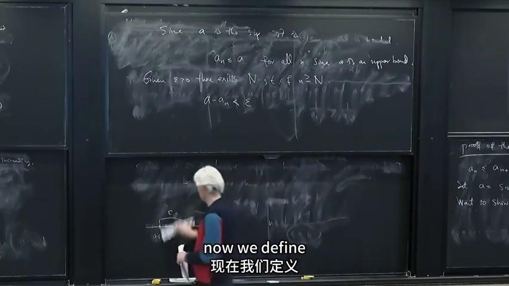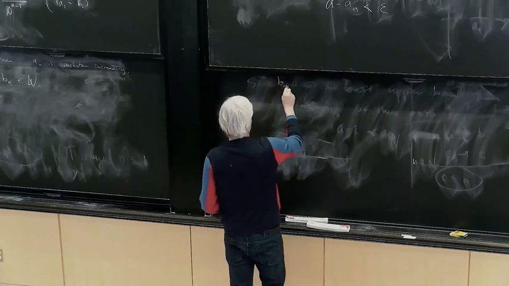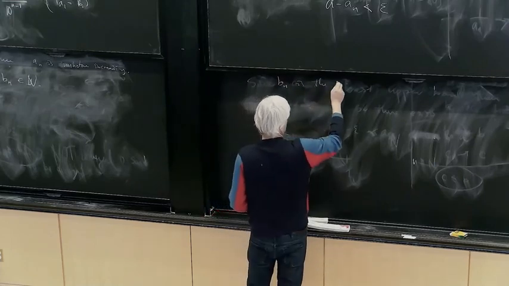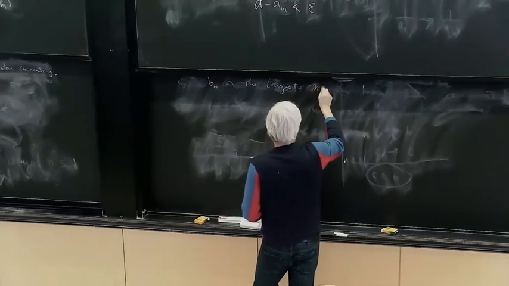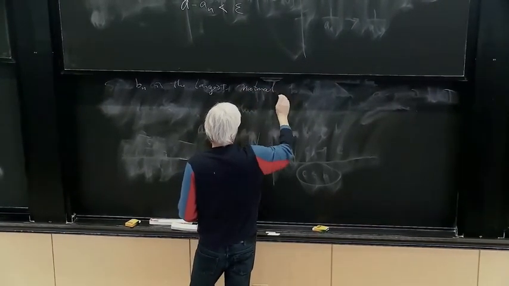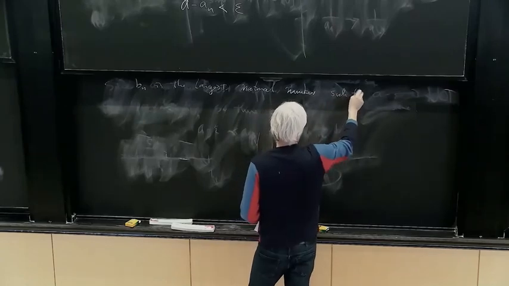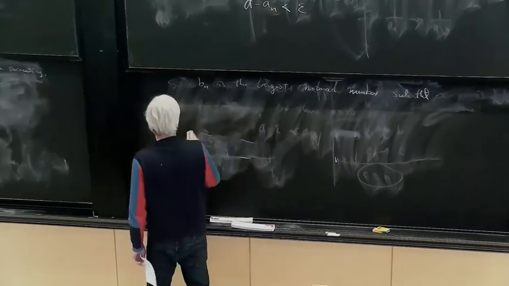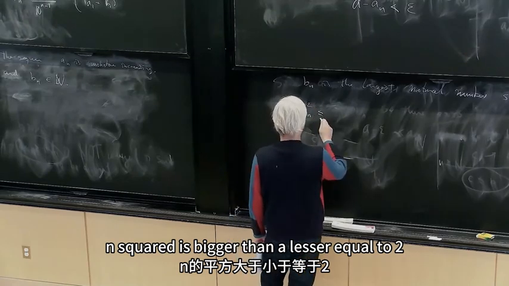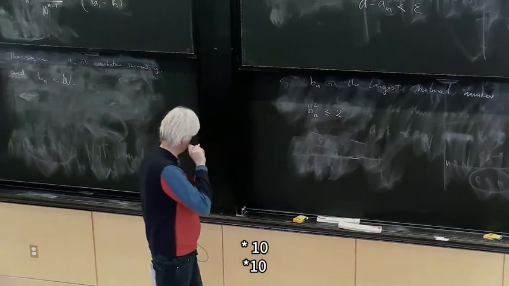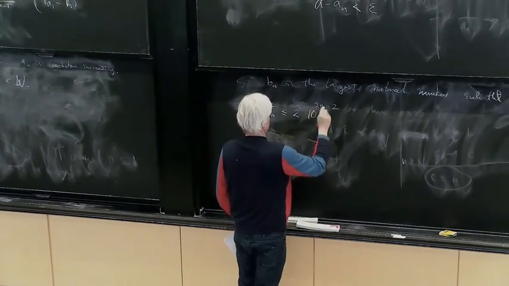Now we define Bn. Bn is the largest natural number such that Bn squared is less than or equal to 2 times 10 to the power 2n minus 2.